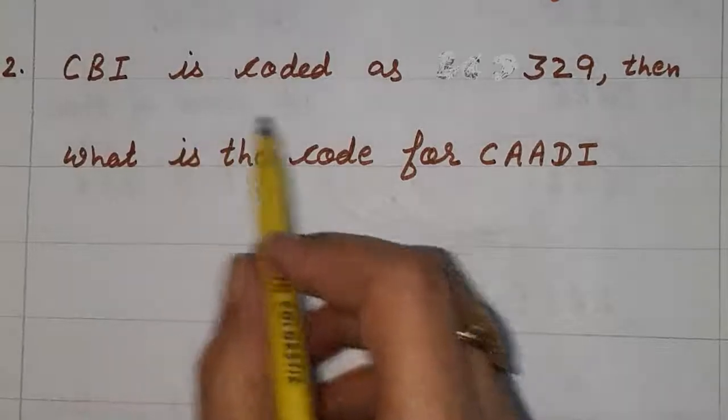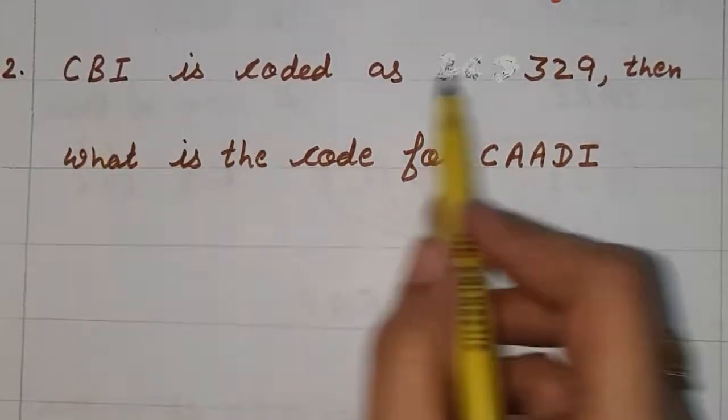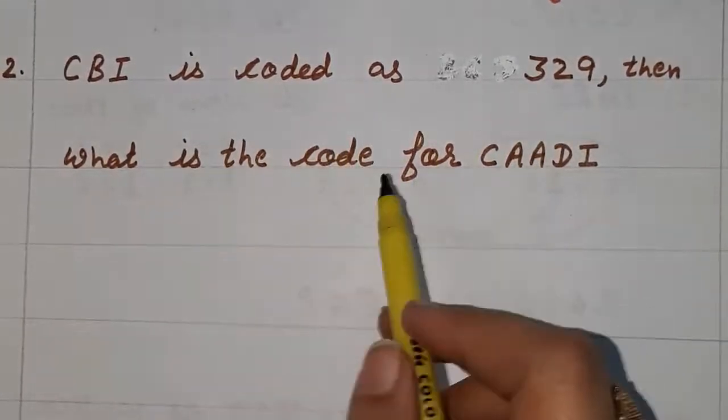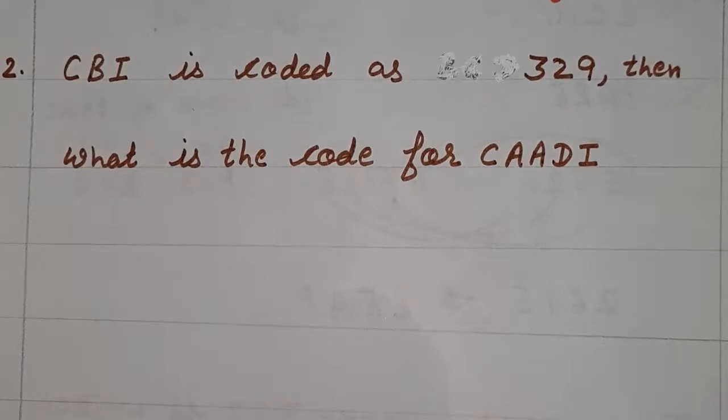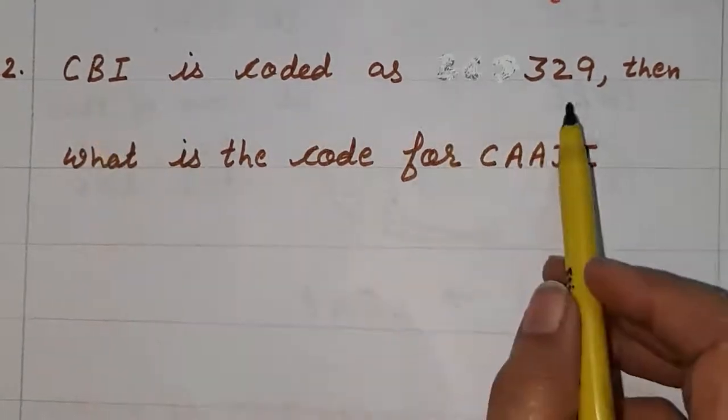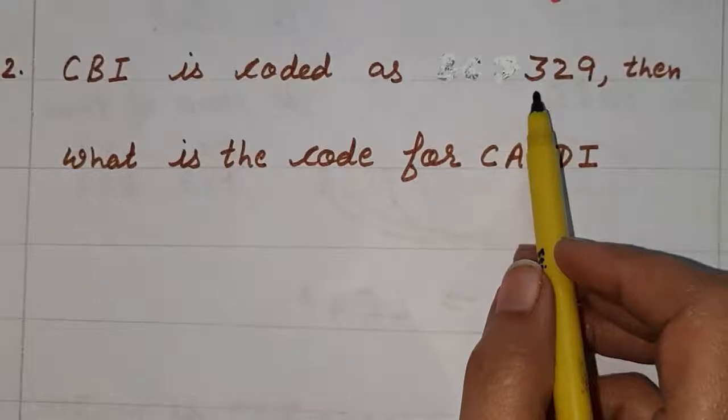Now this time I am not going to tell you how CBI is coded. You have to recognize it yourself. C, how is it related to 3.